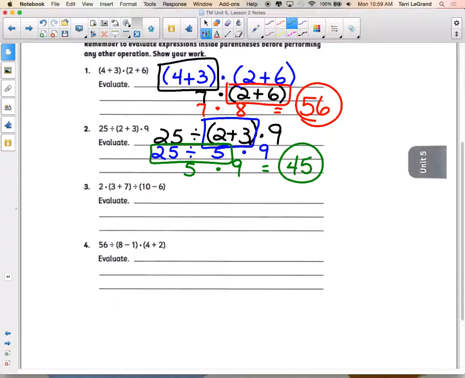Okay, I want you to take number 3, write the problem down, do the first 2 steps, and let's see if we agree. Okay, do the first 2 steps of work.